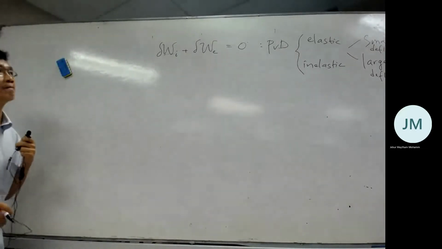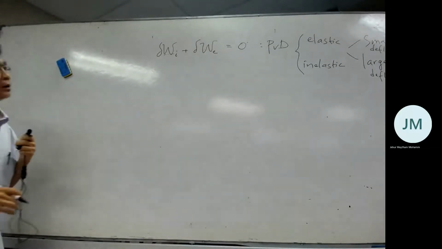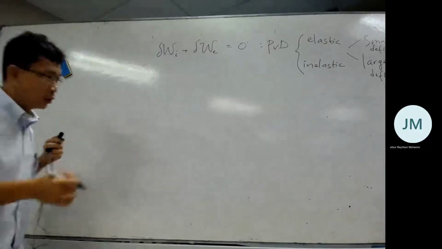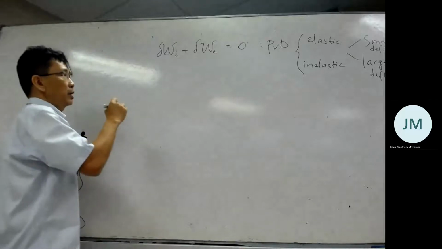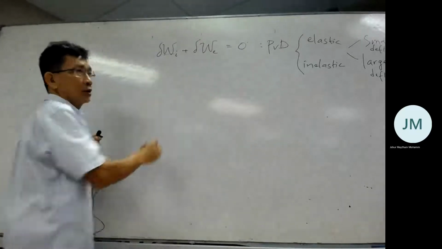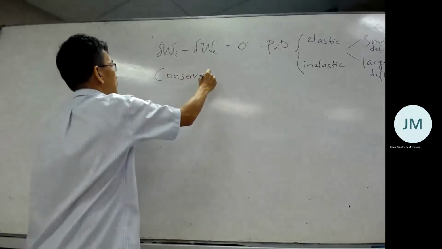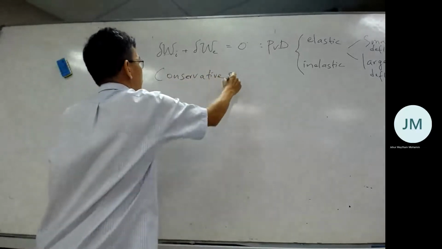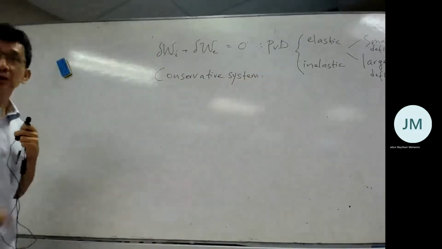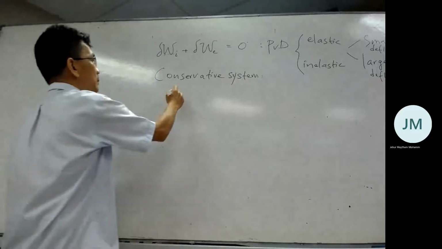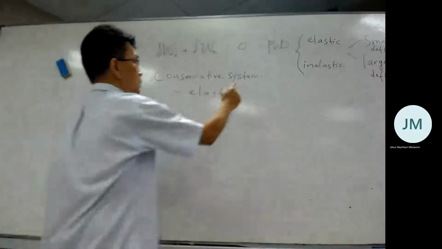Now what we want to look at in the principle of minimum potential energy, the principle that you have to know, is we restrict ourselves to what we call conservative systems. So we look at conservative problems, which are restricted to elastic deformation.